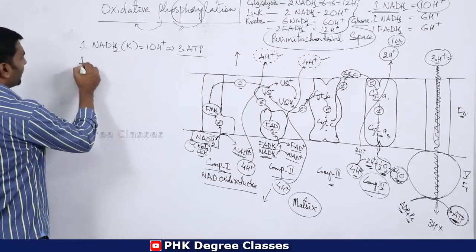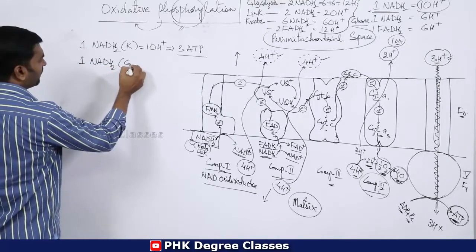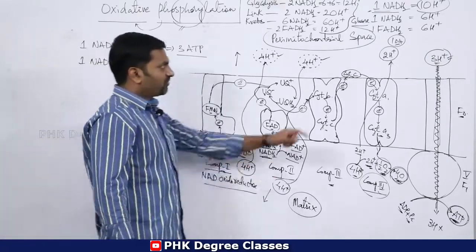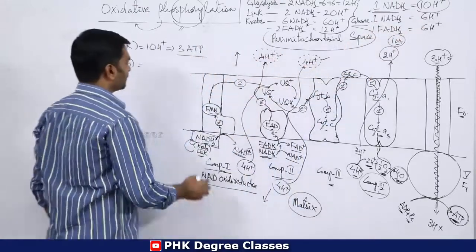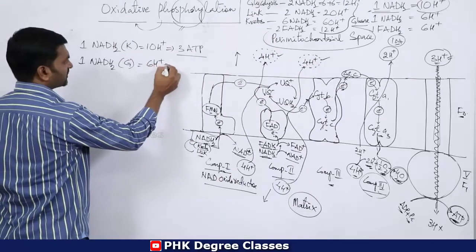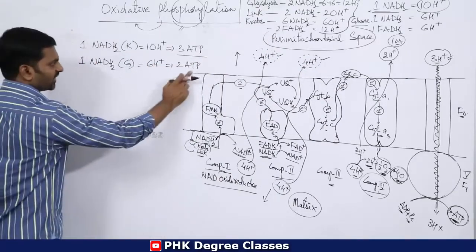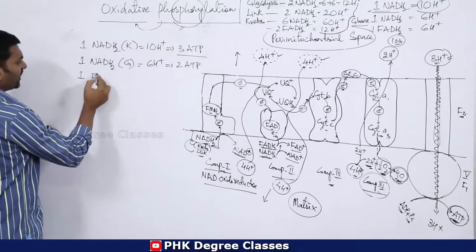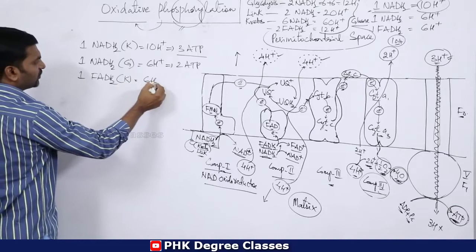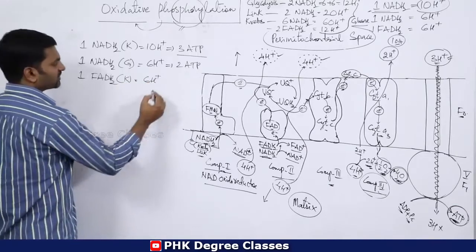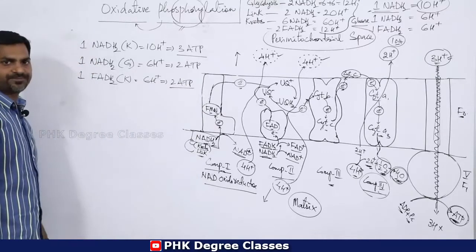Then one NADH2 of glycolysis is equivalent to 6 protons, hence there is a formation of 2 ATPs.